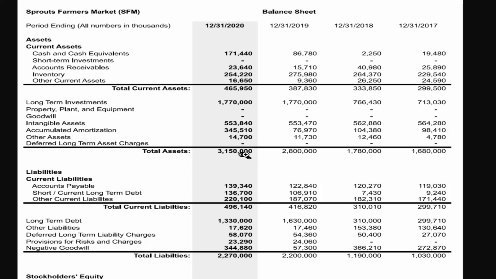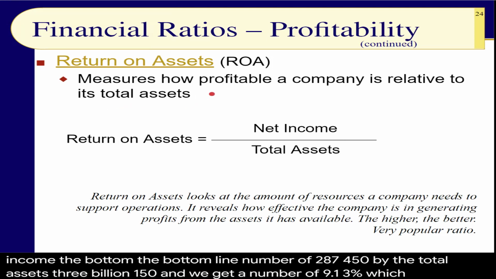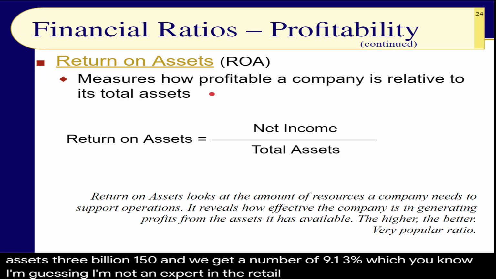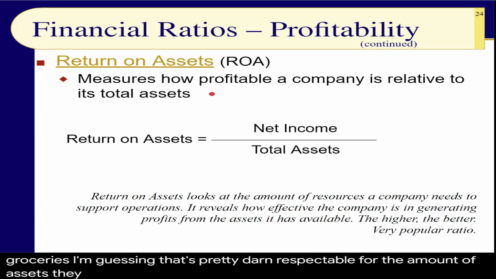So dividing the net income, the bottom line number of 287,450, by the total assets, 3,150,000,000, we get a number of 9.13%, which, I'm not an expert in the retail field, certainly not in groceries, but I'm guessing that's pretty darn respectable for the amount of assets they have to produce that profit.